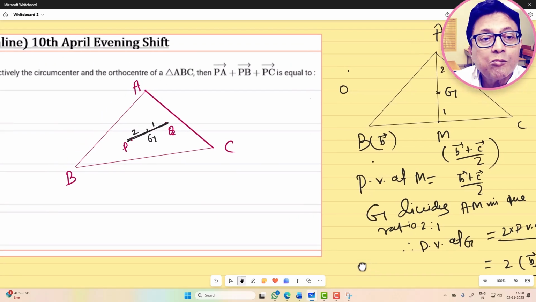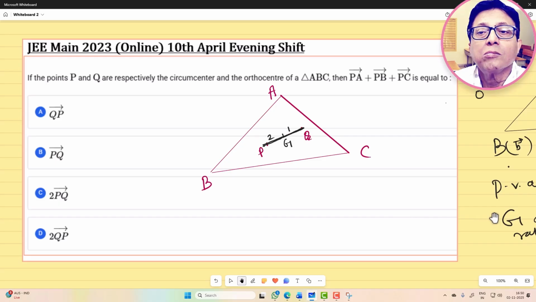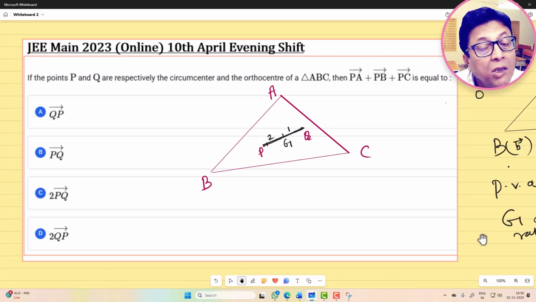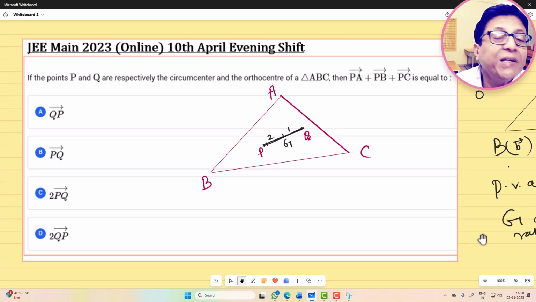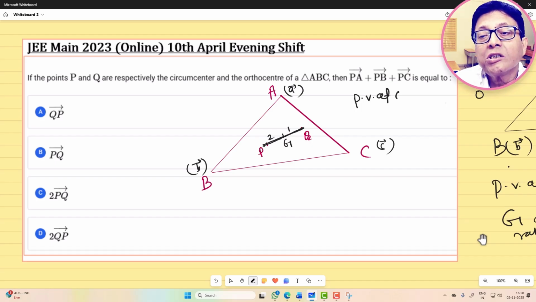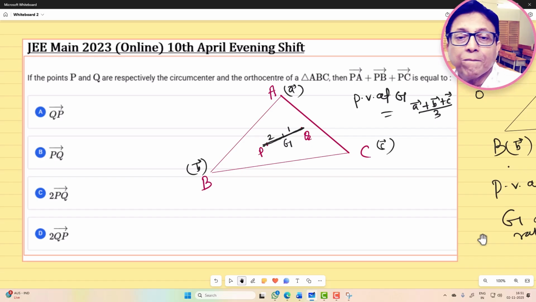Remember this. Now we have to find the value of PA plus PB plus PC. You don't know P and Q, and writing P and Q will not be a very convenient form. But if we take the position vectors of the 3 points as A, B and C respectively, then as I just told you, the position vector of G is going to be (A plus B plus C) divided by 3.